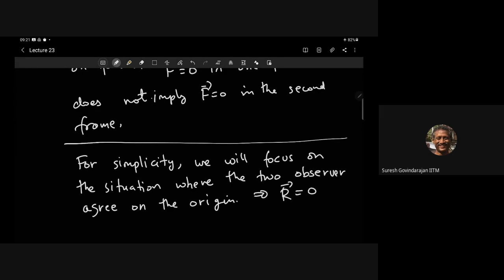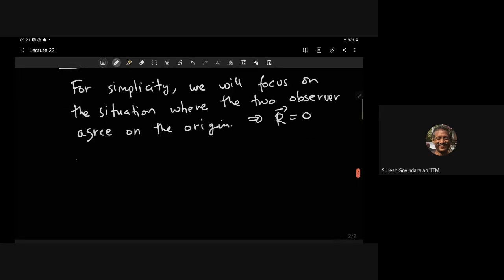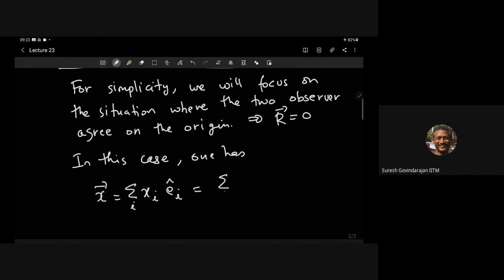It's very easy to put back r not equal to 0. We'll do that. Is this clear? So here in this case, one has the following, because r equal to 0.